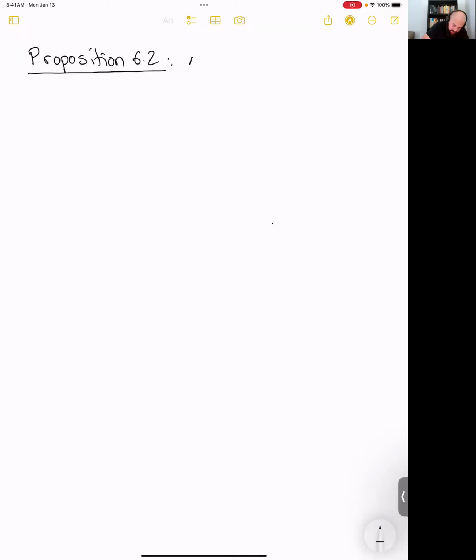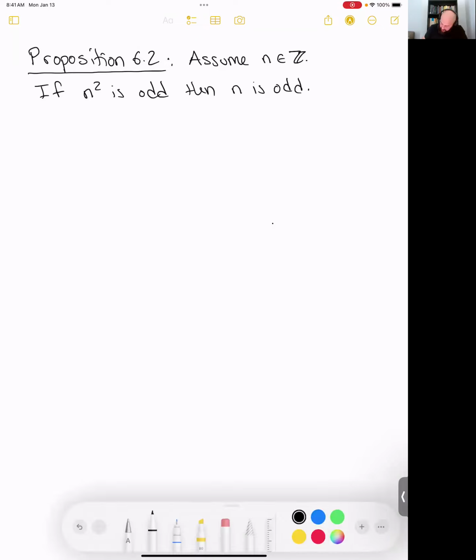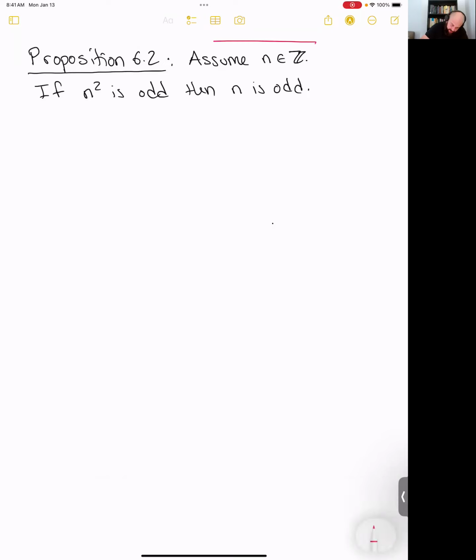Assume that n is an integer, and then we want to prove that if n squared is odd, then n is odd. Okay, so this is the proposition that we want to prove.